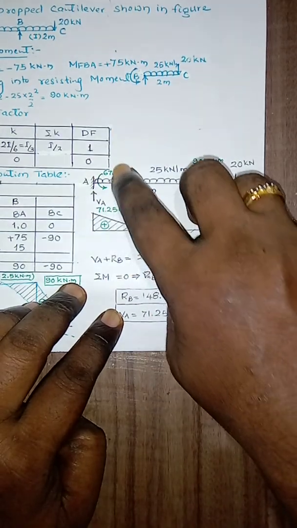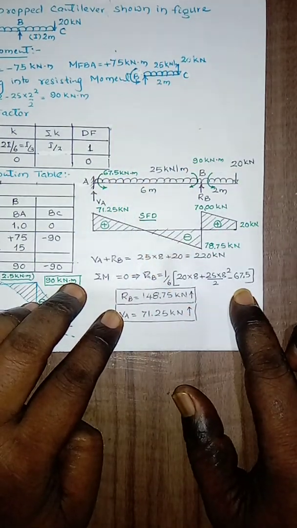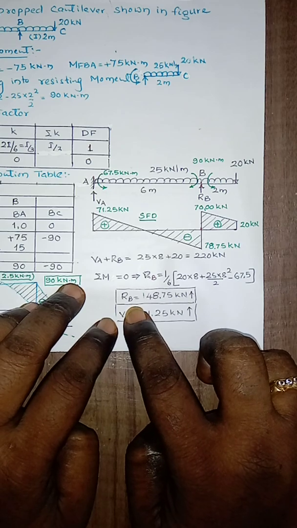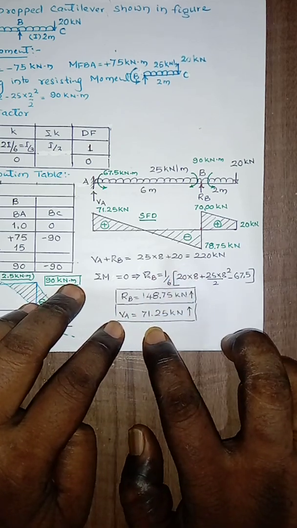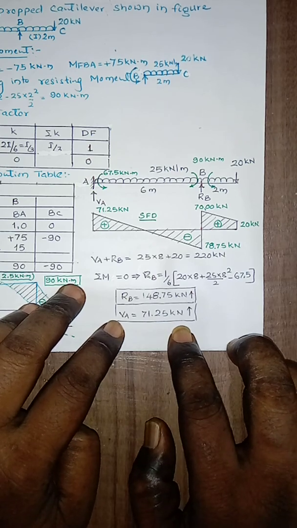Then there is a support moment, that is 67.5. Then RB equals 148.75, and by using equation 1, VA equals 71.25.